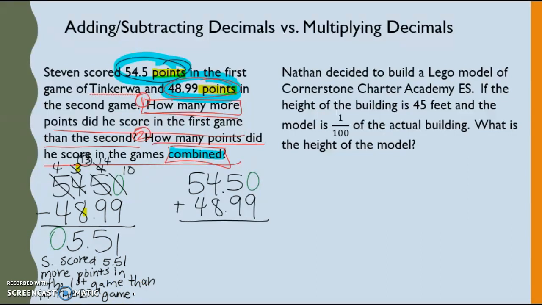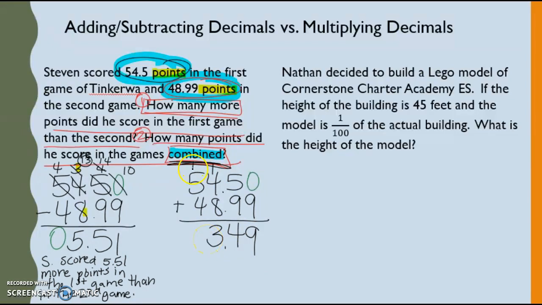Okay, now we have 54.5 plus 48.99, or we could say 48 and 99 hundredths, or we could say 54 and 5 tenths. Nonetheless, I need to add these two numbers together because I'm looking for his score combined in the two games. So let's add. I need to regroup here.